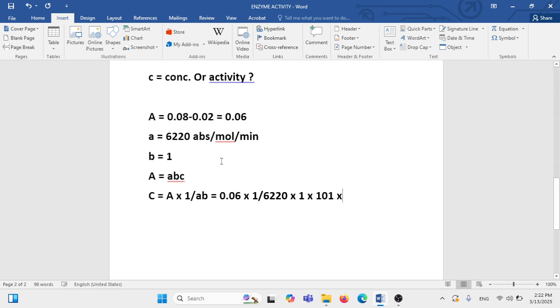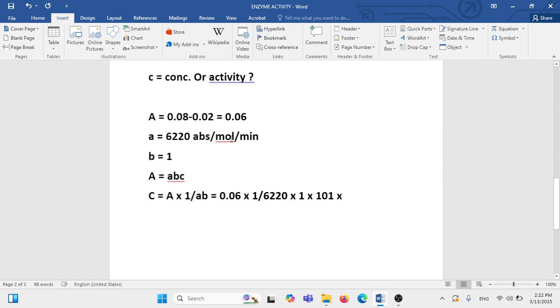Another thing is that we took the molar absorptivity 6220 from here in mole, but we have to report LDH in micromole per minute. Because it is IU per liter, international unit means micromole of substrate converted into product in a minute.